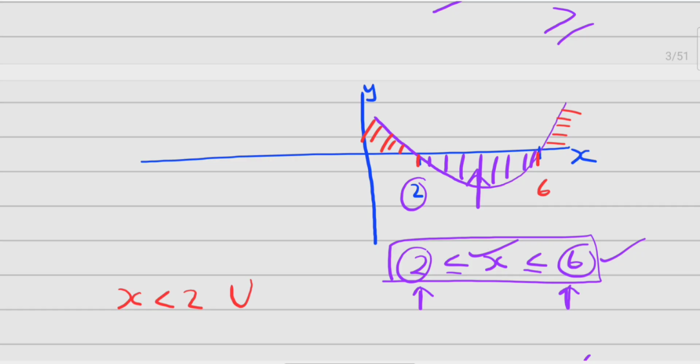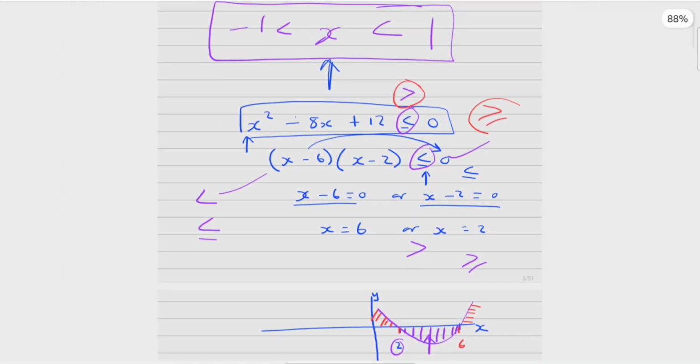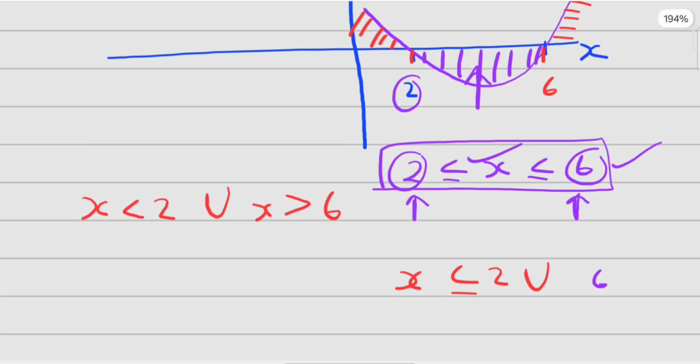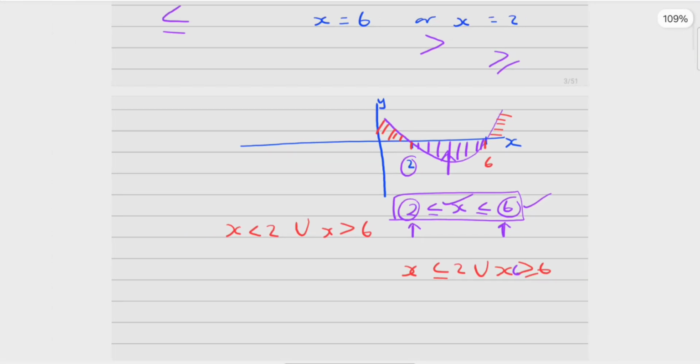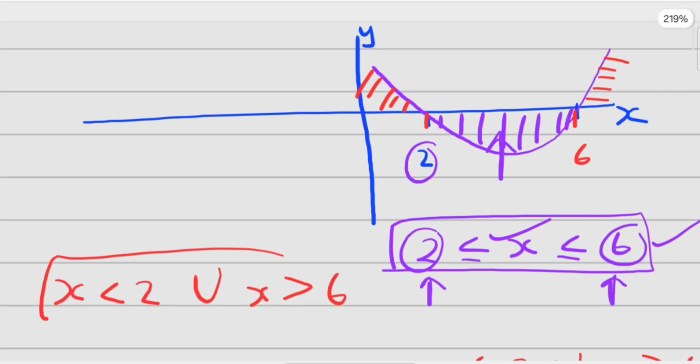So union, the other one is x being greater than 6. So if the question had, for example, greater than or equal to, we just put x is less than or equal to 2 union x being greater than or equal to 6. But because this had just a greater than, we just write it like this.